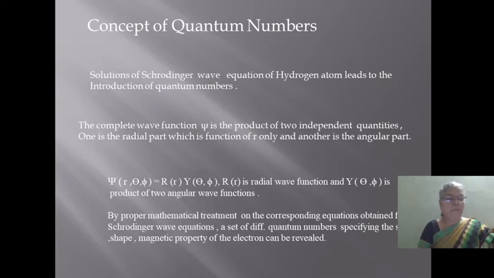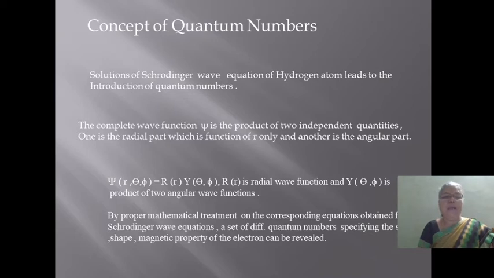The complete wave function psi is the product of two independent quantities. One part is the radial part, which is a function of r, that is radius only, and another is the angular part.